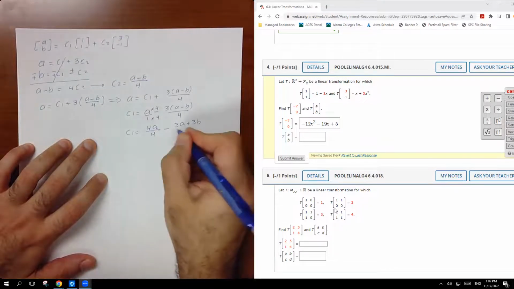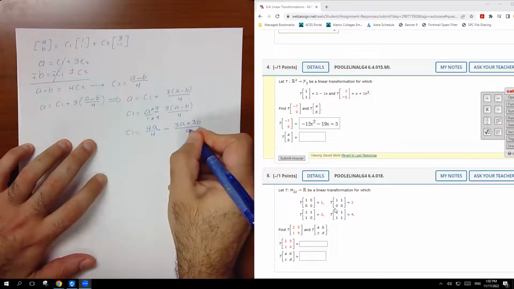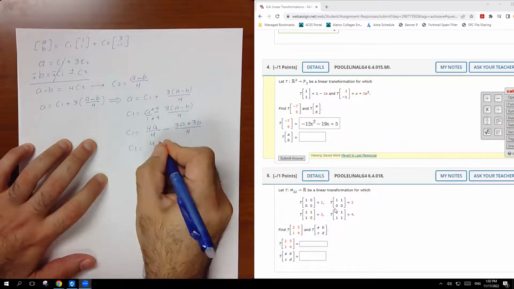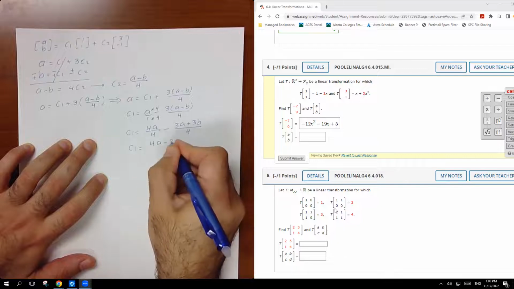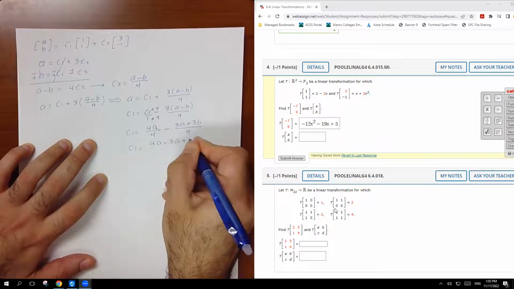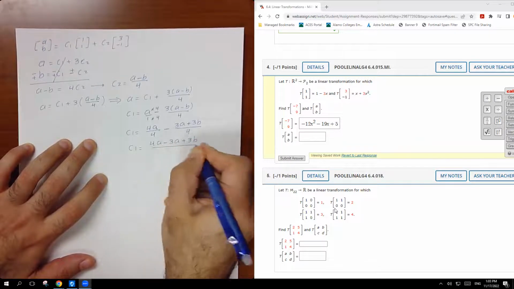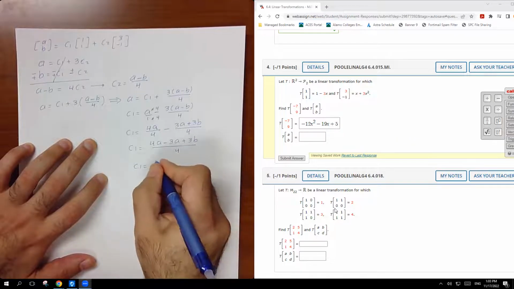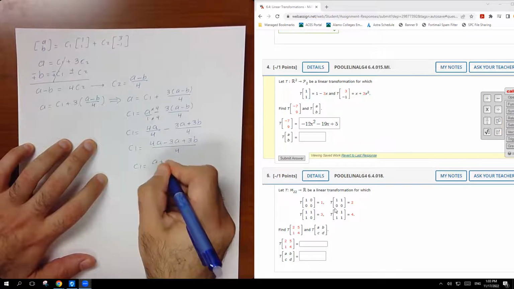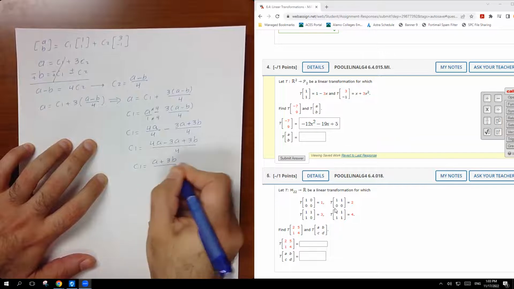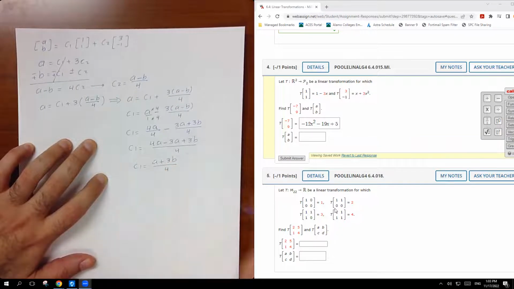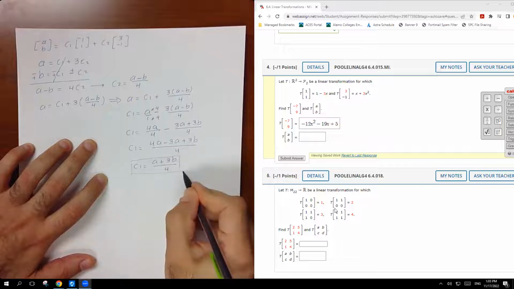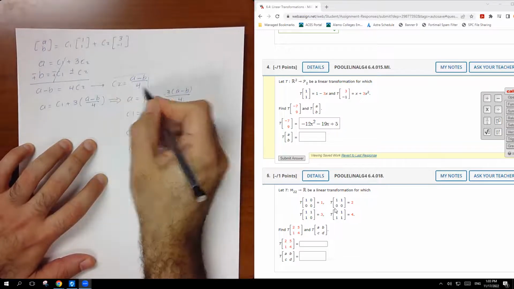That means C1 is going to be equal to 4A over 4 minus 3A minus 3B, and if you distribute the negative, it's going to be plus 3B over 4. Combine the like terms, so C1 is going to be equal to 4A minus 3A plus 3B over 4. So C1 is going to be equal to A plus 3B over 4. So this is the value of C1, and here's the value of C2.